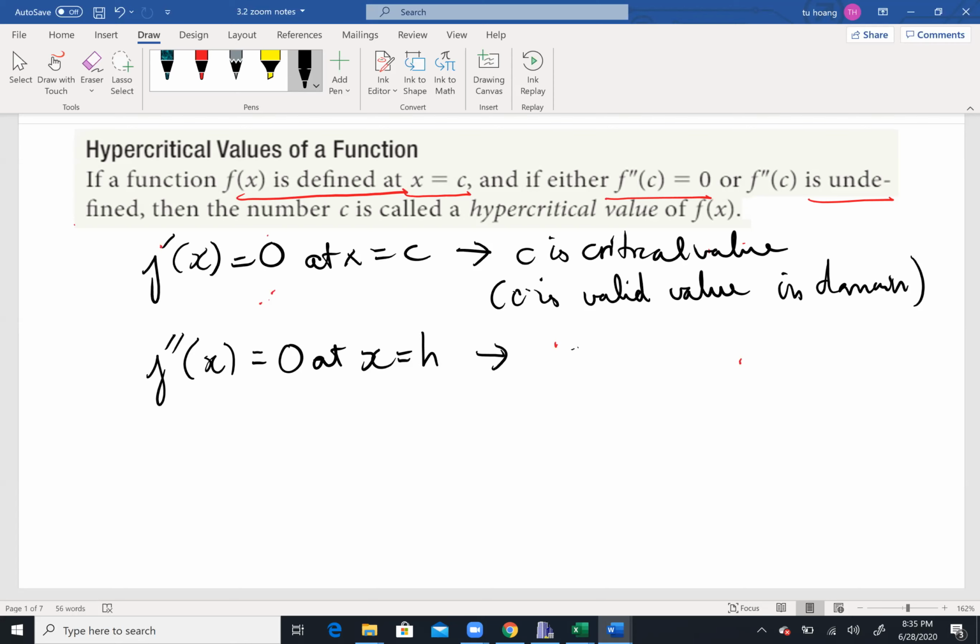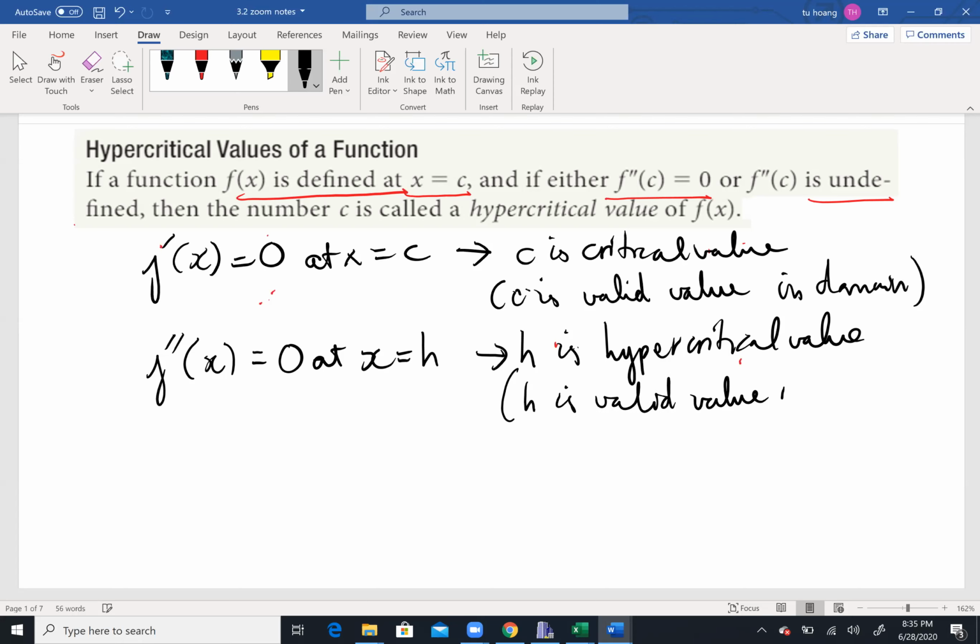So h is a hypercritical value. And again, h is a valid value in the domain. So that is the way.